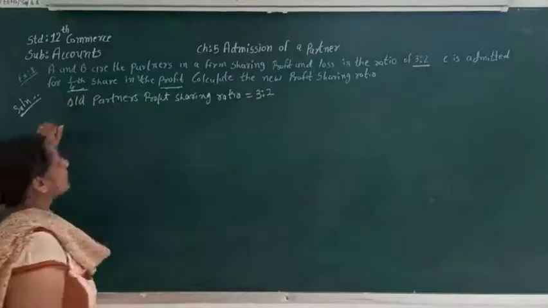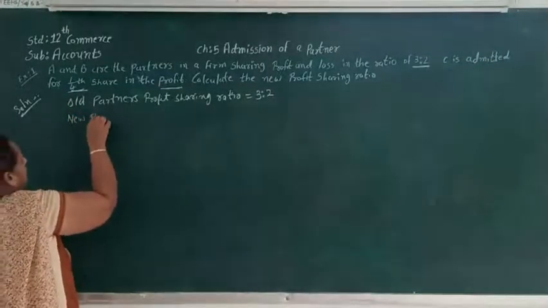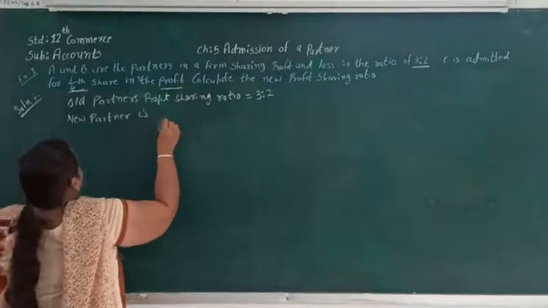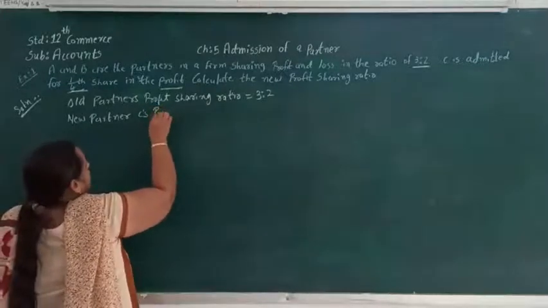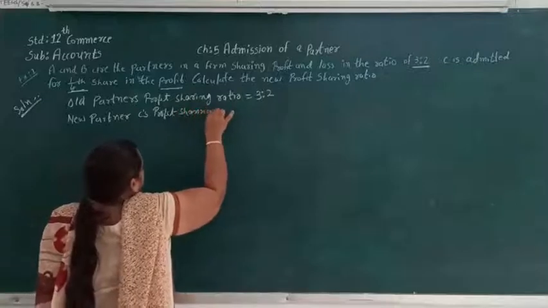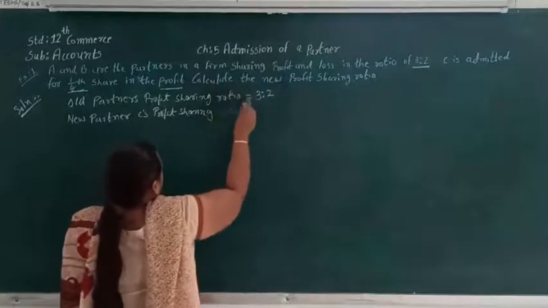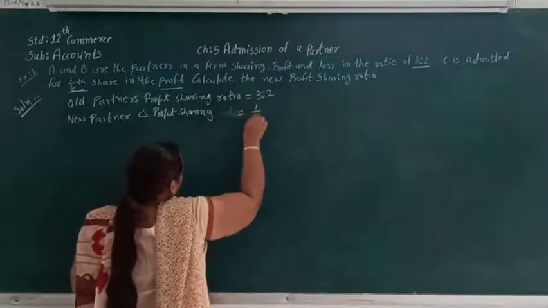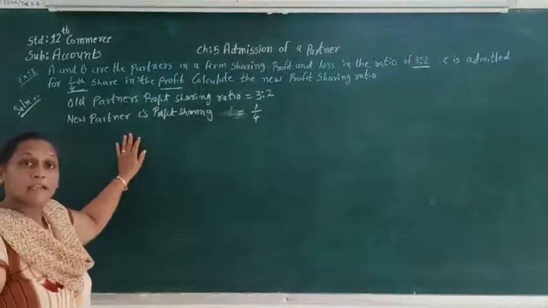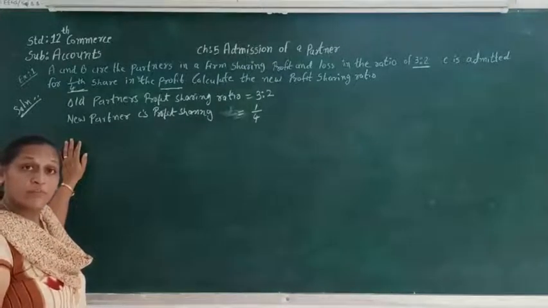And the new entering partner C's profit sharing ratio is 1/4. Here 1/4 is from the total partnership firm's total profit. So let's assume the total profit of the firm is 1.